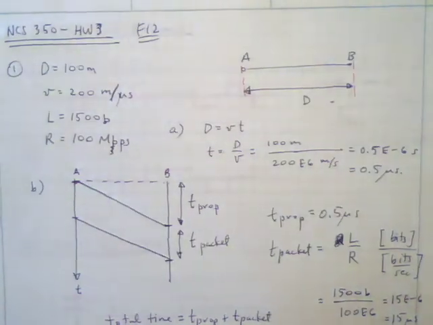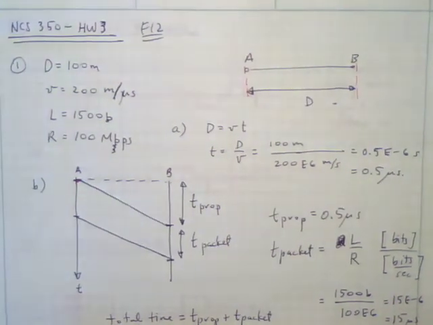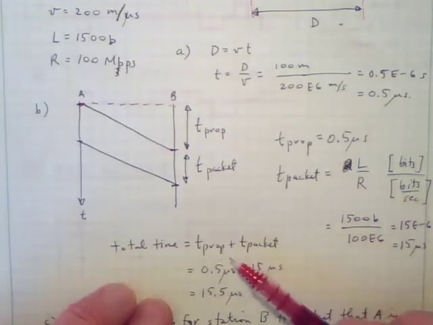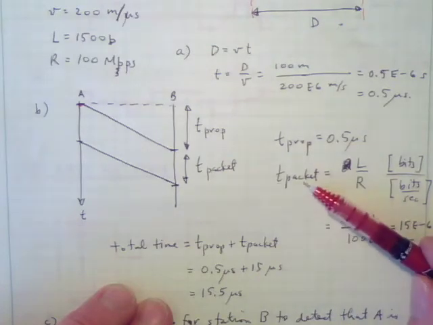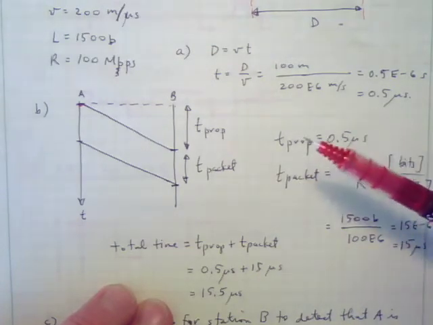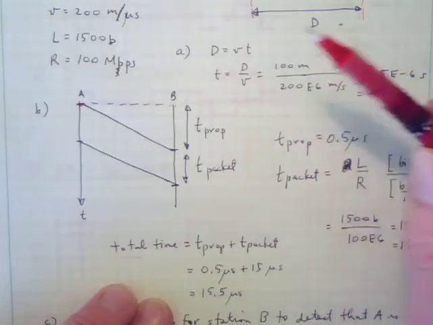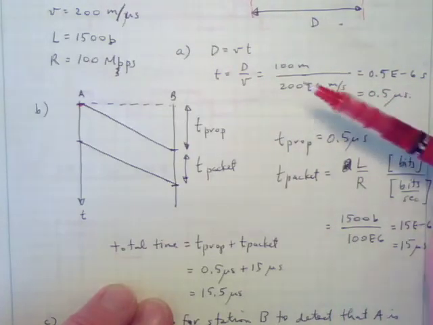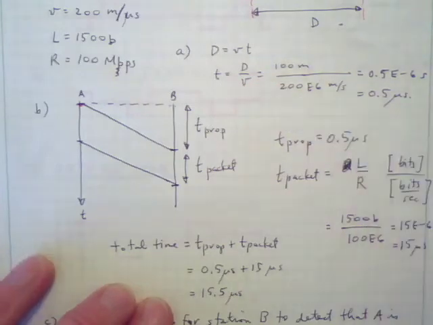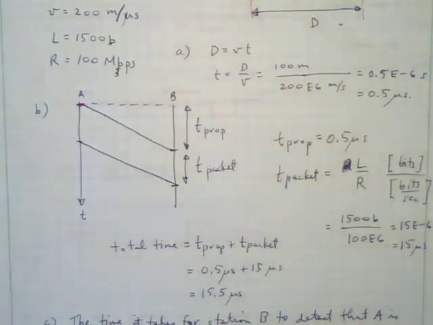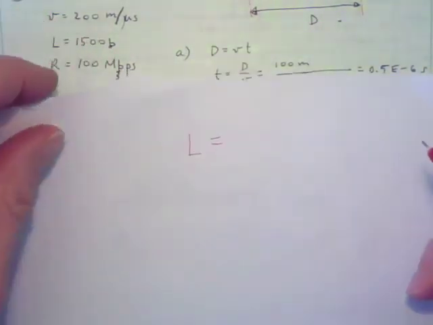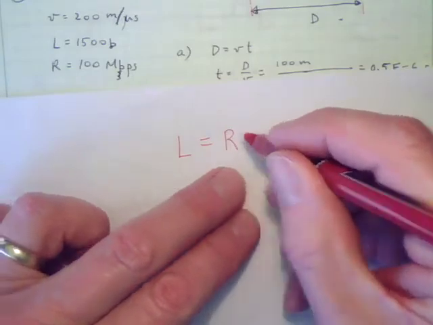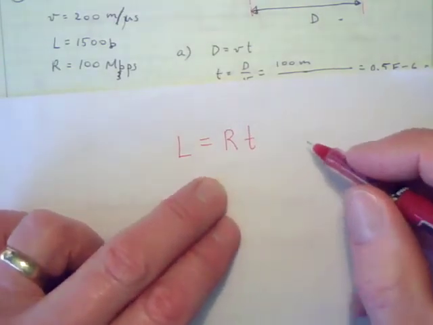In any case, the total time to transmit the packet is equal to the propagation time plus the time to emit or receive the packet, t packet. In much the same way that distance is velocity times time, the length of the packet is equal to the data rate times the time it takes to emit it.